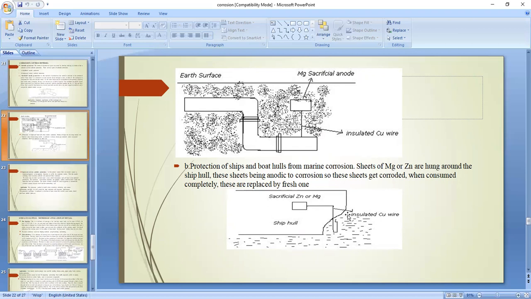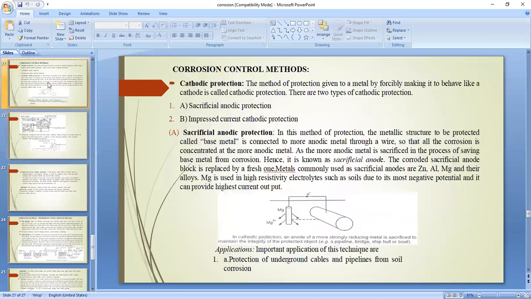So the hull part of the ship is connected with a more active metal, either zinc or magnesium, such that entire oxidation takes place upon the zinc metal, leaving the hull part unaffected. So these are the two examples which you can give under sacrificial anodic protection.